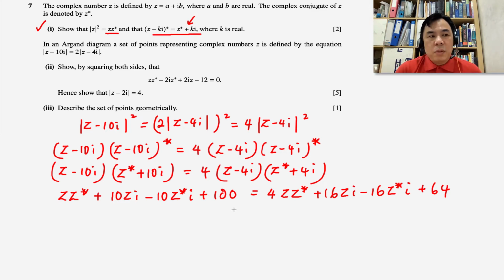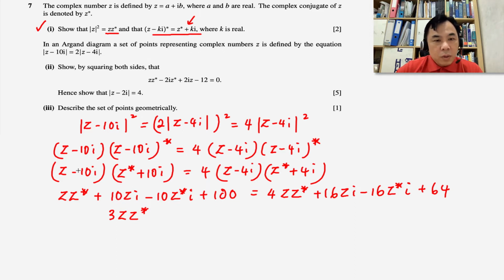And then right after this, you guys know what you need to do. It's just to simplify the like terms. I'm going to bring everything to the right hand side, maybe because it is the right side to get the right answer. So from here we will get z z star, and then combine with this, we will get the z z star here, which is a 6. Did I get it correctly? Let me see here.